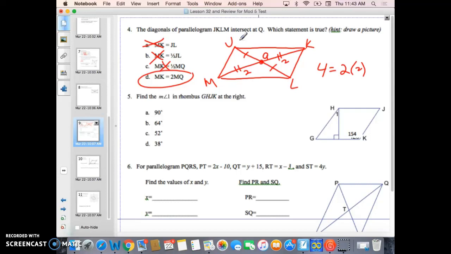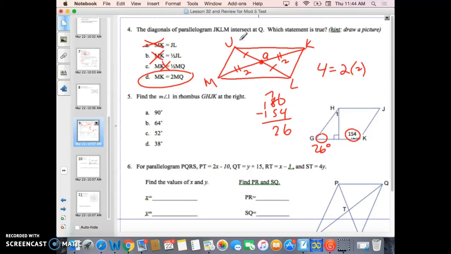All right. Find the measure of angle 1 in the rhombus. Okay. So I know that this angle here and this angle here are going to equal 180. So if I do 180 minus 154, that's 26. So this one's 26 degrees, but that's not what I'm looking for.